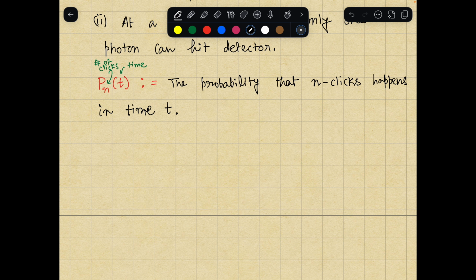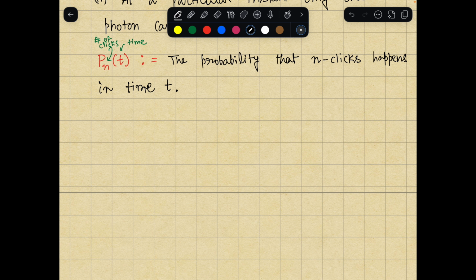Okay, so how do we derive this? First let us calculate Pn of t plus dt. What is Pn of t plus dt? It is the probability that n clicks happen in time t plus dt.